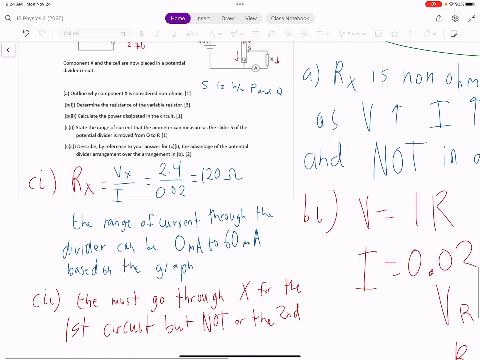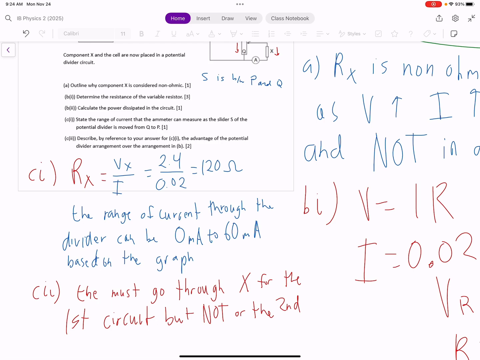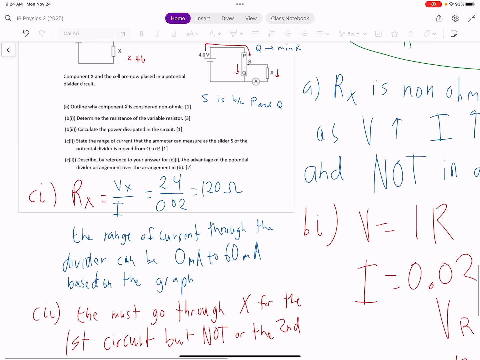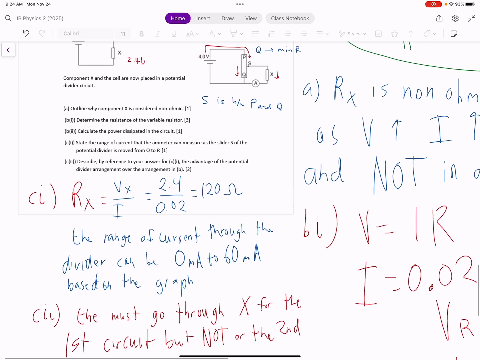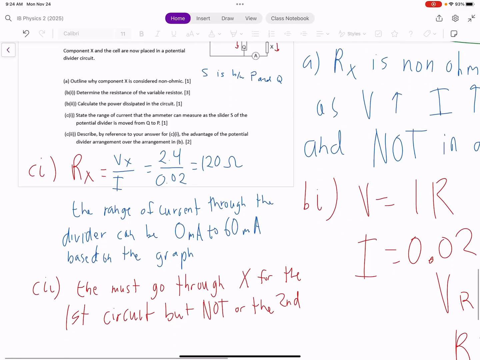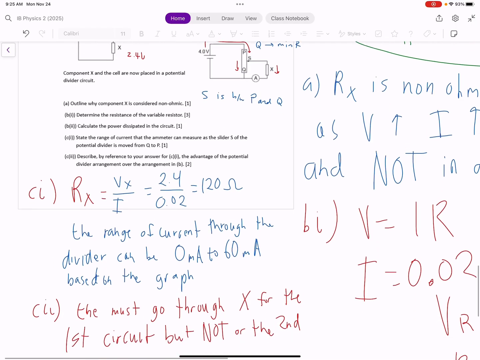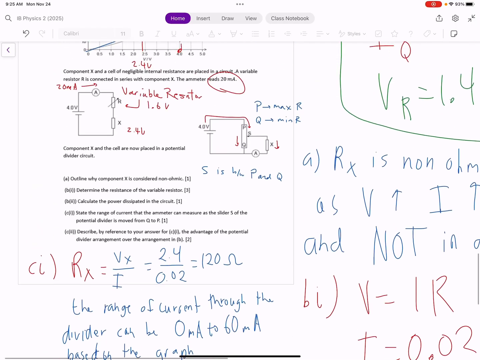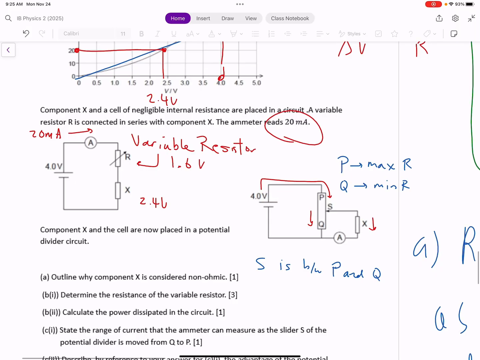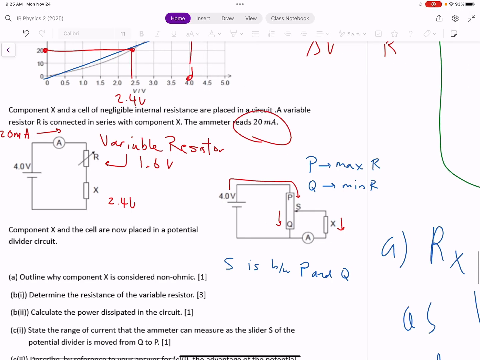In the first one, there's no option to not go through the variable resistor. Looking at both pictures, in the first one the 20 milliamps, or whatever the current is, has to go through both resistors. Even if the variable resistor is 0, it still has to go through X.